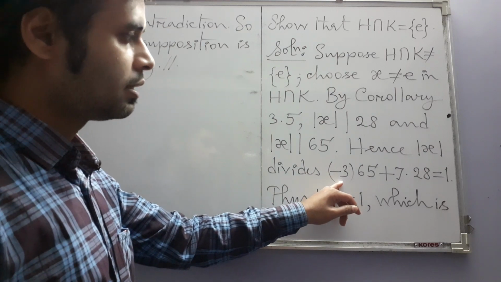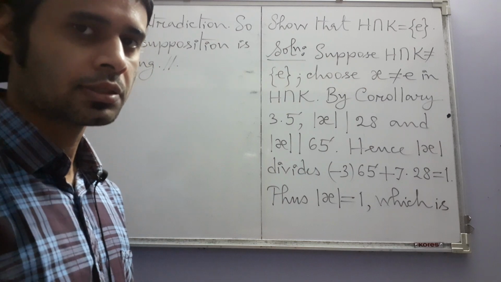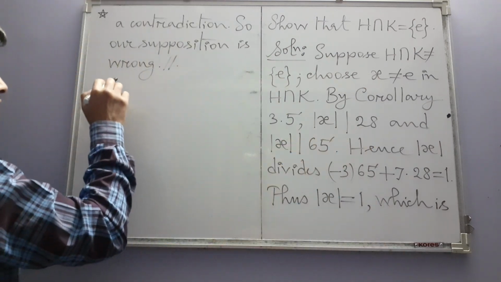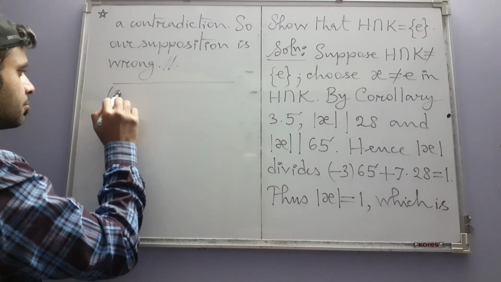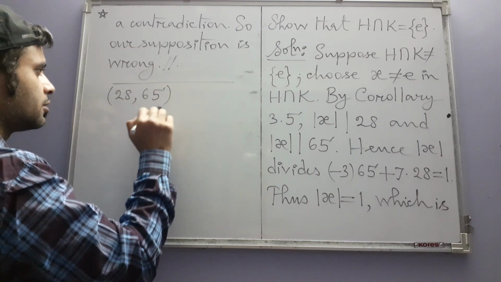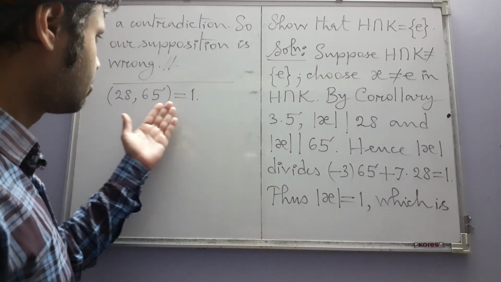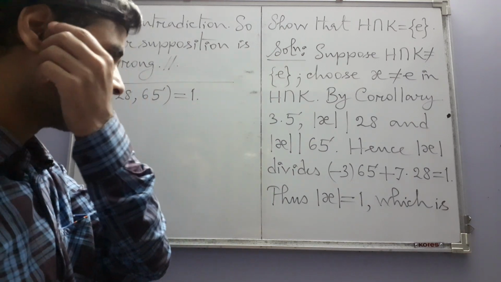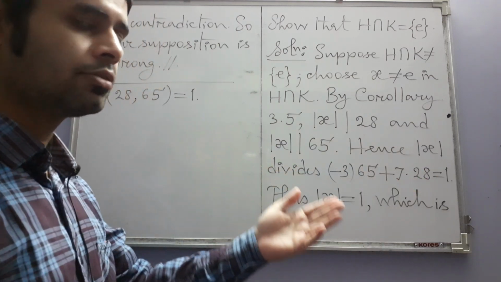In case you are wondering how one can find these integers -3 and 7, you just note the fact that we have used this result, that the GCD of 28 and 65 is 1. In order to calculate this GCD, what we did, we applied the Euclidean algorithm, where you would divide 65 by 28, you get a remainder.